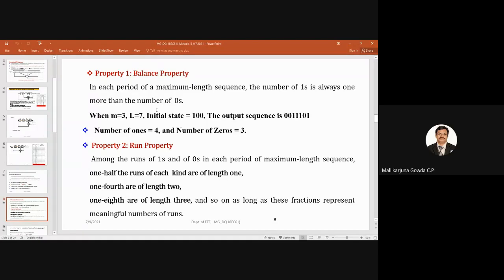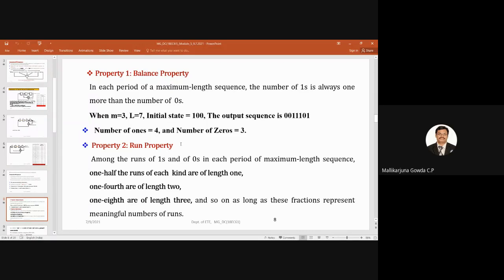Okay. The second property is known as the run property. So let us try to understand what it is. What is the run property? First we need to understand what a run is.